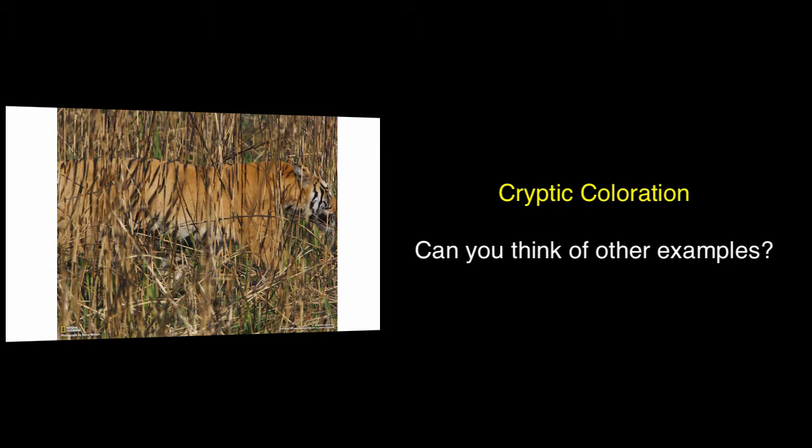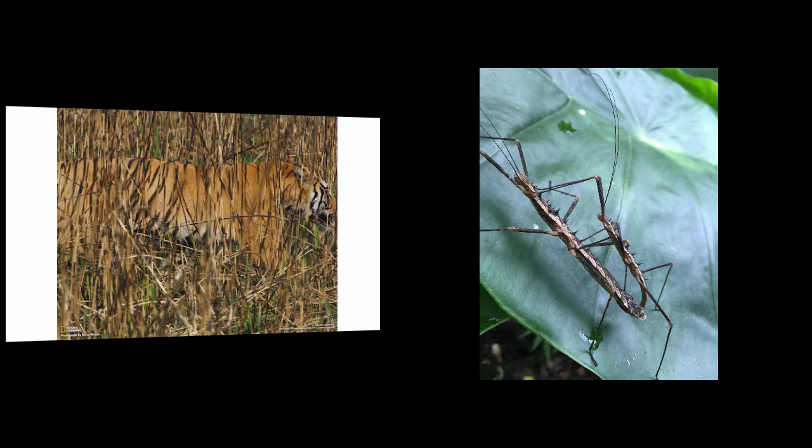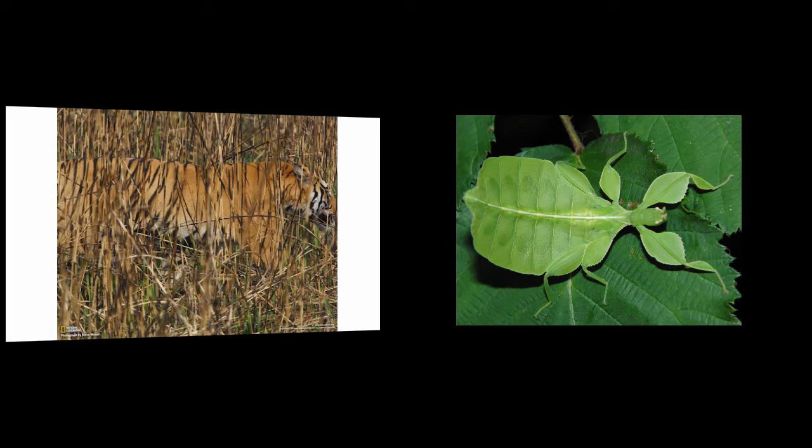Similarly, if you're a prey item, being camouflaged will reduce your visibility to predators, and you're probably all familiar with things like walking sticks and some of these leaf insects that are extremely cryptic.